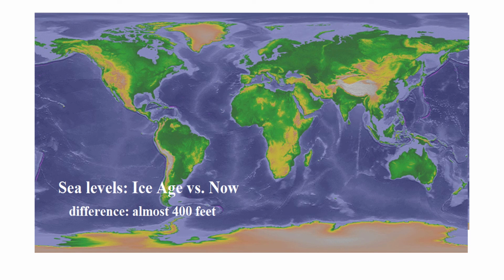So we looked at that previous map that showed all those dark areas that had previously been exposed above sea level, had been dry land, that now are submerged. Well, with all that mile of glacier melted, the sea levels around the world rose by about 400 feet.